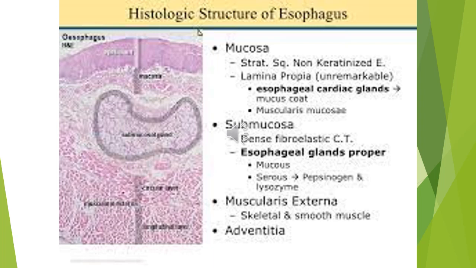So if you are drawing the upper or the lower one third of the esophagus in your histological diagram, you are going to draw esophageal cardiac glands, which are simple mucus secreting branched tubular glands.